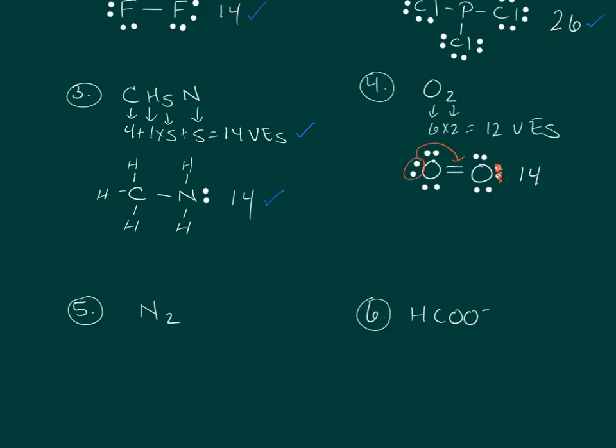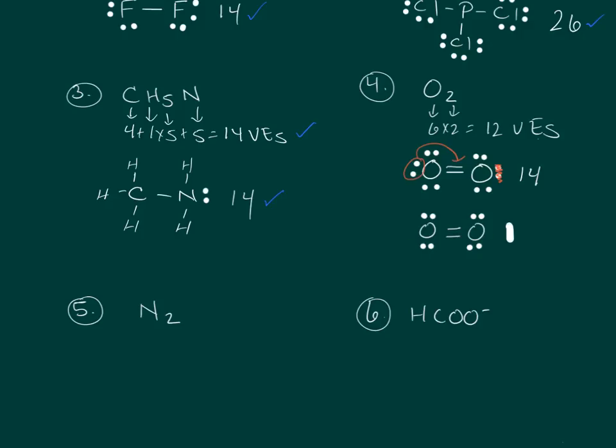So if we redraw this molecule just to clean it up, you can see that we'd have an oxygen double bonded to another oxygen. And then we add the valence electrons in, and then we do our valence electron count, and we get 2, 4, 6, 8, 10, 12 valence electrons, and each oxygen has 2, 4, 6, 8 electrons in its outer shell.